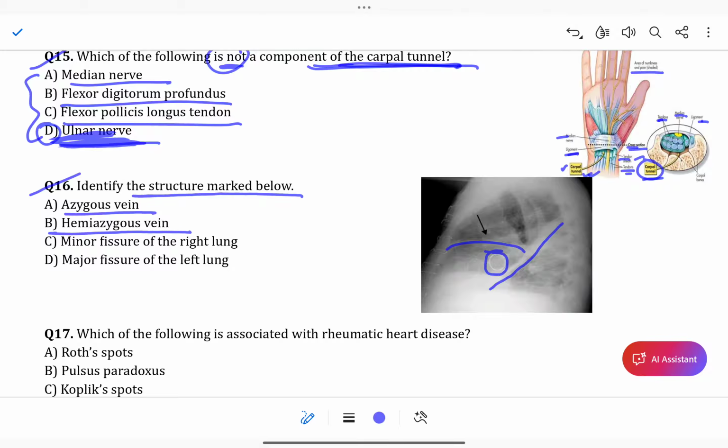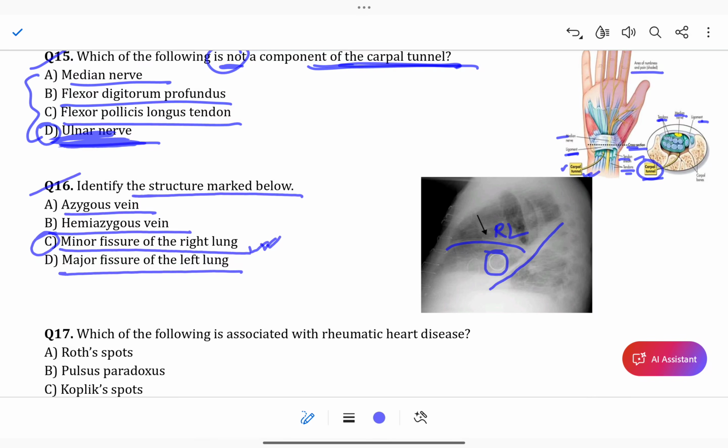Hemiazygous vein, minor fissure of the right lung, major fissure of the left lung. First of all, you should know this is option C, minor fissure of the right lung.